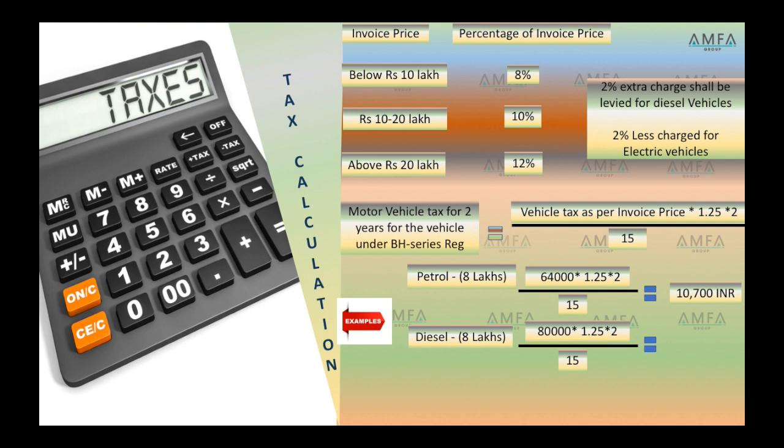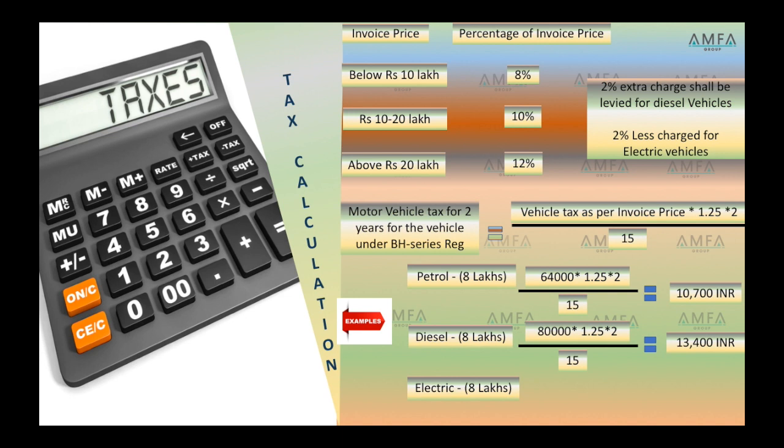The road tax as per invoice price will be 80,000, which is the 10%, with 2% extra. Then for 2 years, it will be 13,400.